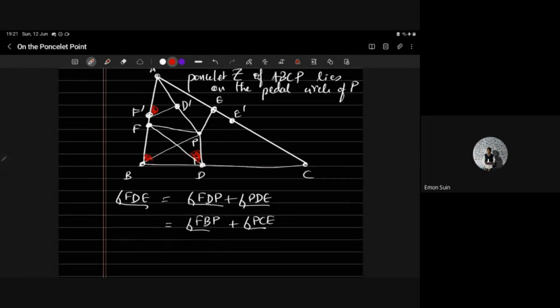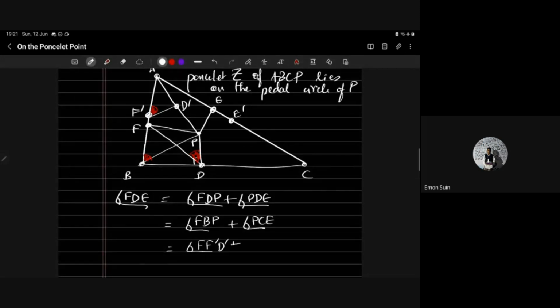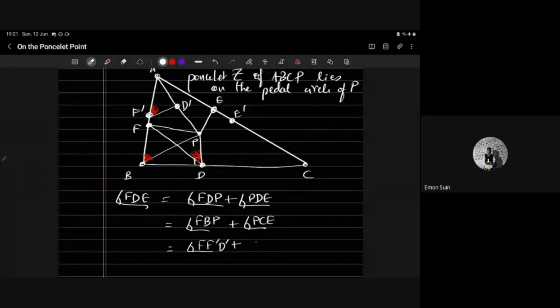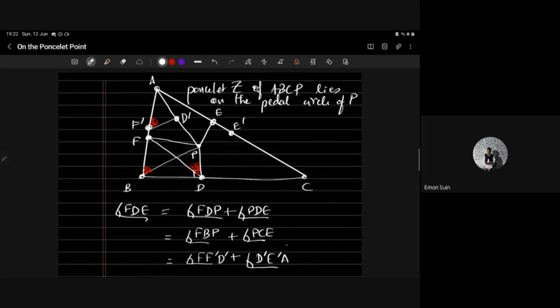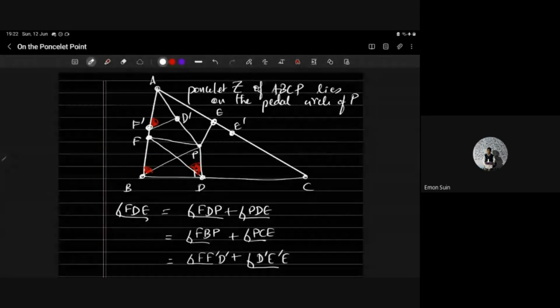So FBP equals angle F F prime D prime. And similarly, PCE equals angle D prime E prime E. Again, midpoint theorem.